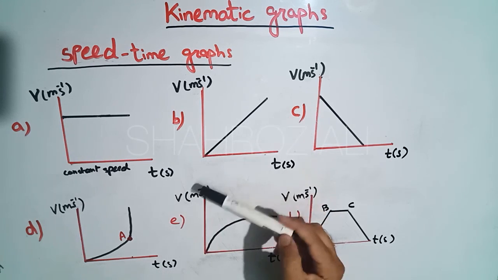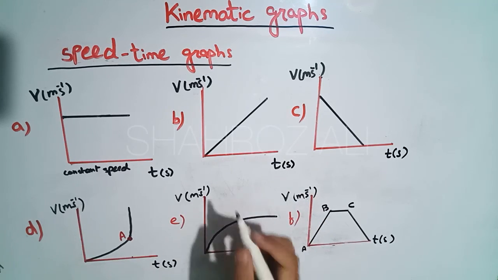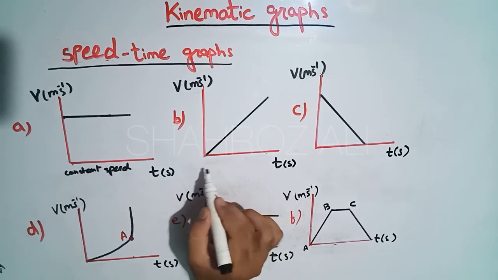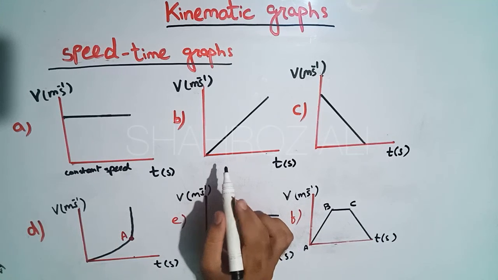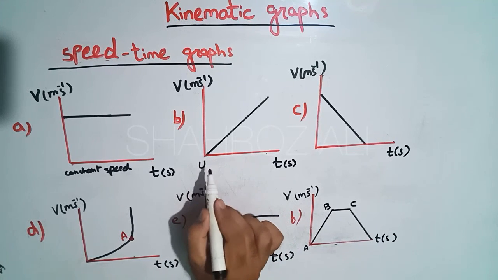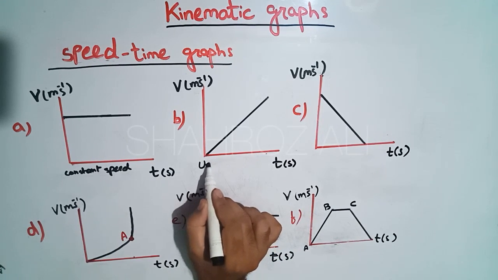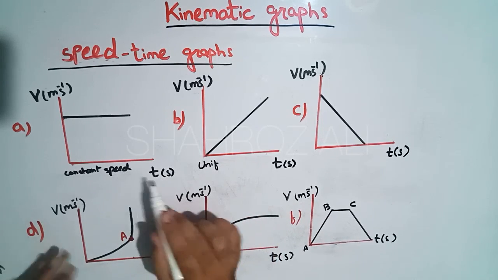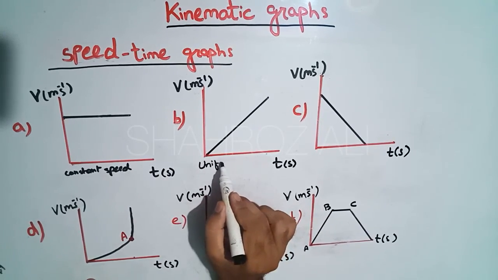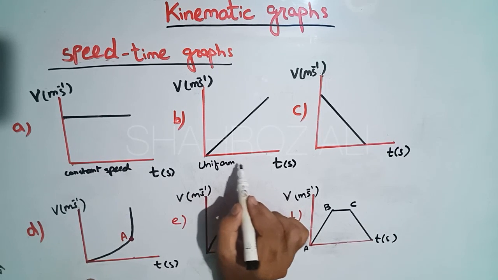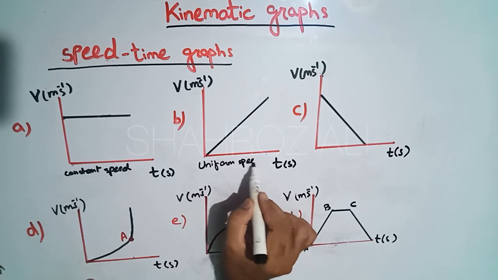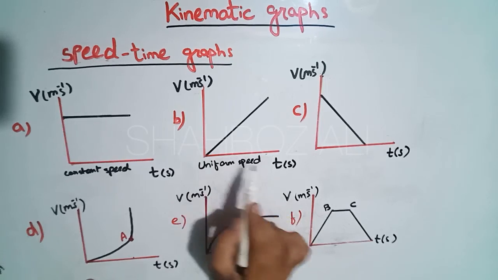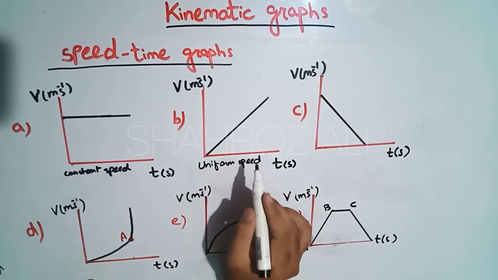So this straight line tells us the body has uniform velocity, constant speed or uniform speed. Also it is providing us uniform acceleration.